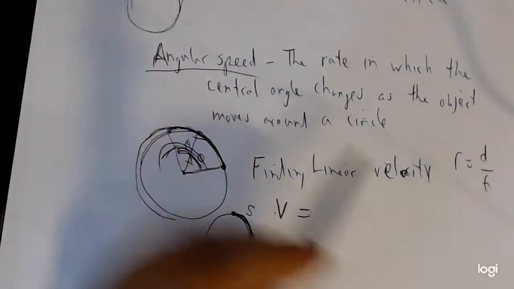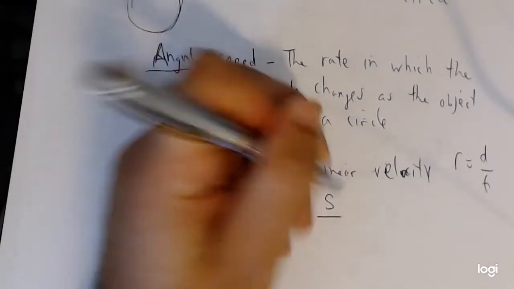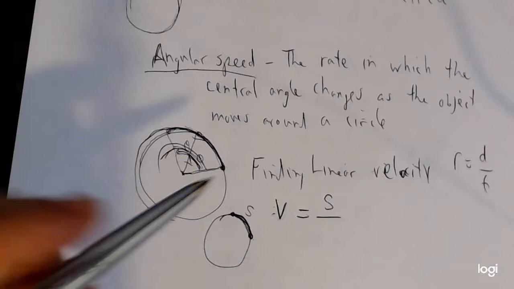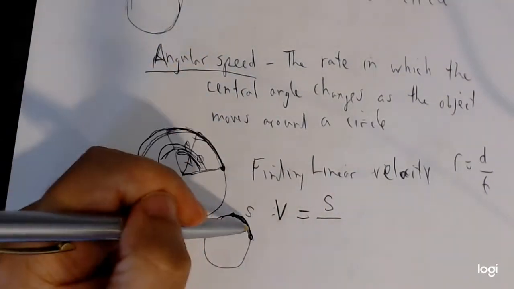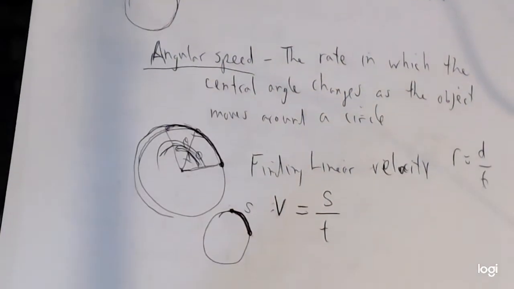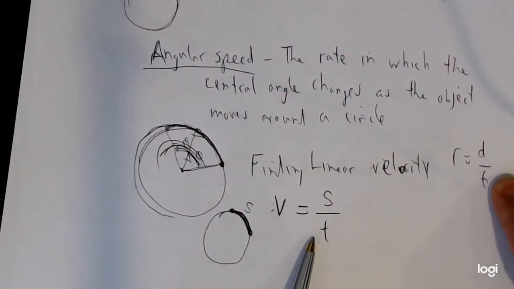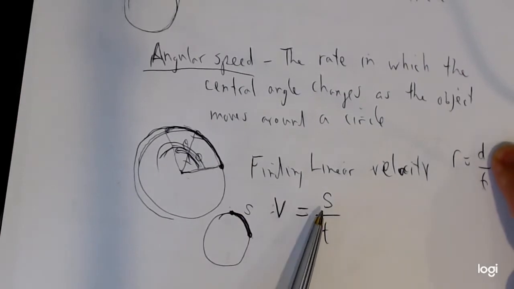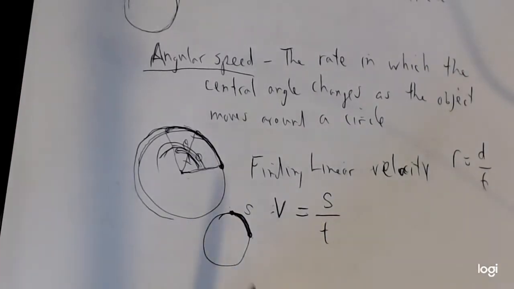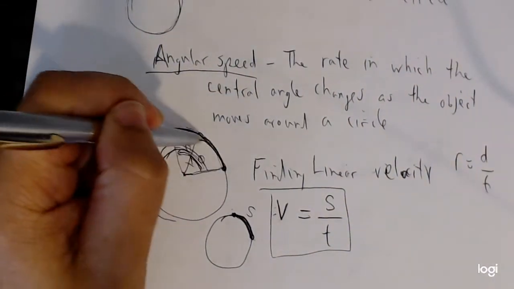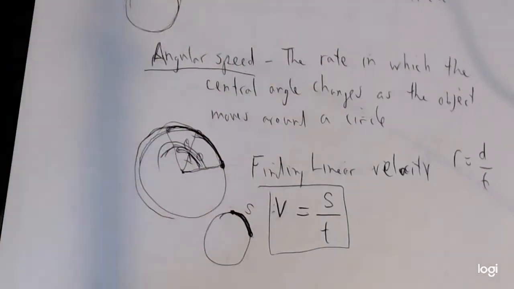So instead of distance, we're going to say s, because when we're talking about the distance around the circle, that's the arc length, divided by, well, how long did it take to travel this distance, which is t. So notice how this equation and that equation are literally the same, except now the distance is described as the arc length. So that's the linear speed, which would give you the actual speed of this object moving around the circle.